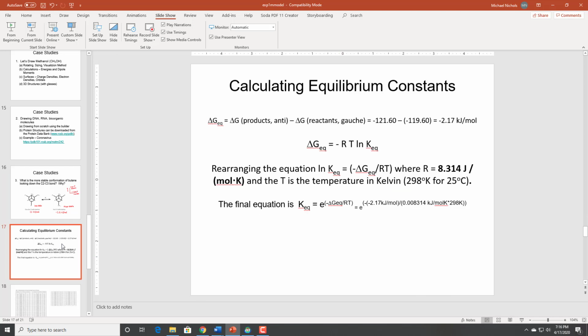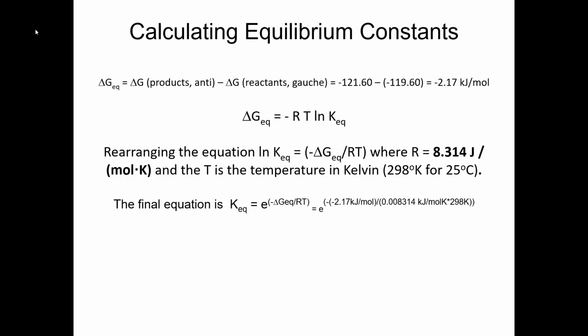If we look at the calculation, I'm pretty close. I've done this calculation before, so what I have is the energy of anti minus the energy of gauche. I asked for the relative energy, so I went right there. And we got minus 2.13.